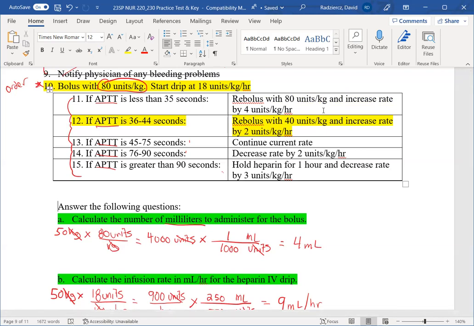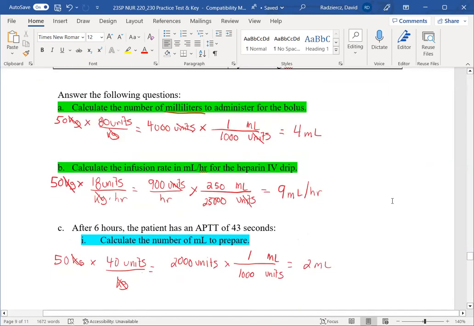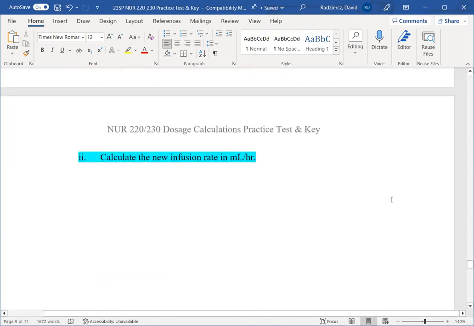And I hope that makes sense, or at least now makes more sense where I'm getting all this information from. It's just from the protocol. If you do a Google search for Heparin Protocol, you're going to see exactly what is written here. Just might be written out better than I did.